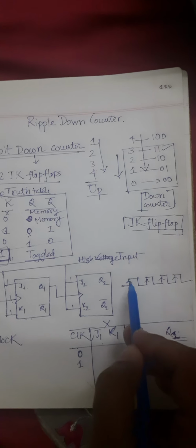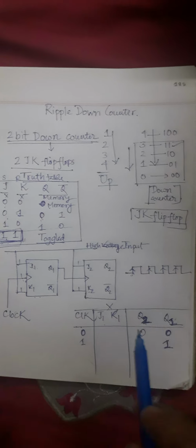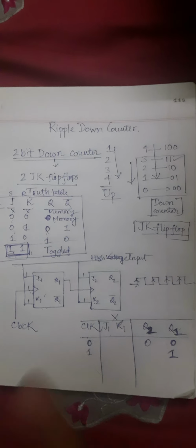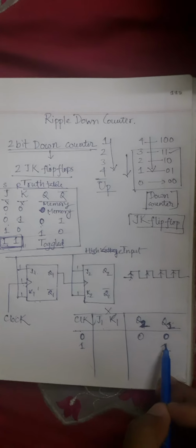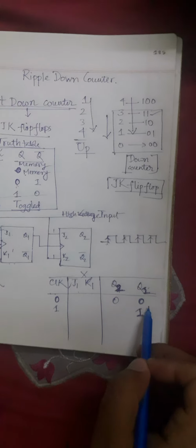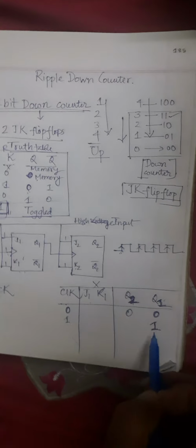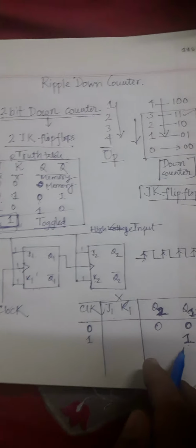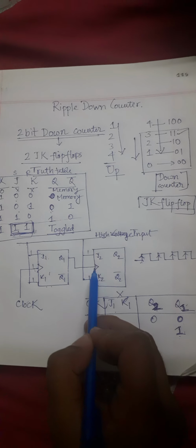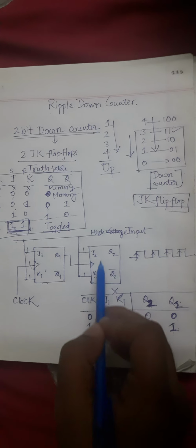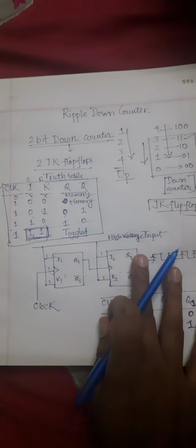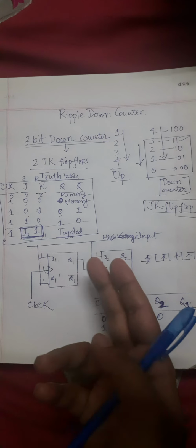So at the first rising edge, the flip-flop gets the trigger and it toggles the output. Previously q1 was 0, so after toggling the q1 value will become 1. As q1 is now 1, this 1 will travel along this path and trigger the second flip-flop as well, and due to this triggering the output of q2 will get toggled.